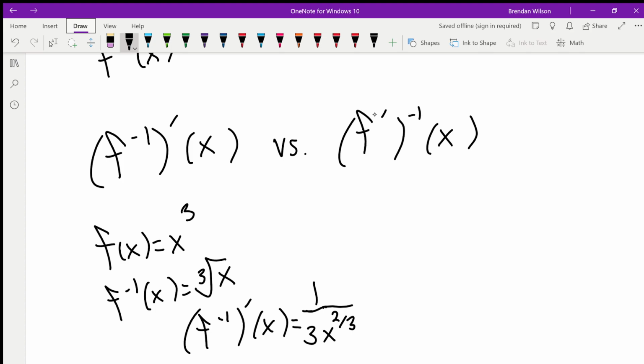Whereas the inverse of f prime would be the inverse of 3x squared, which would be, it's a little bit harder to say here because x squared doesn't necessarily have an inverse unless we cut off the domain at 0, which we definitely can do.